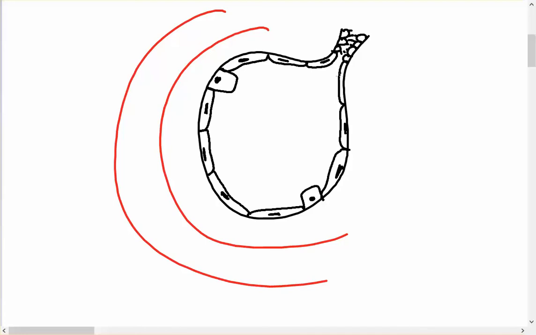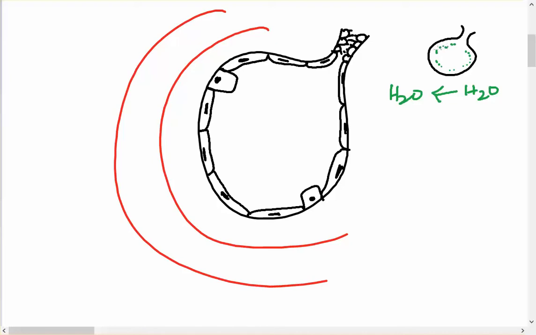One of the functions of surfactant is, so this is alveoli, and this alveoli has some water droplets. Remember, H2O attracts another H2O molecule very strongly.